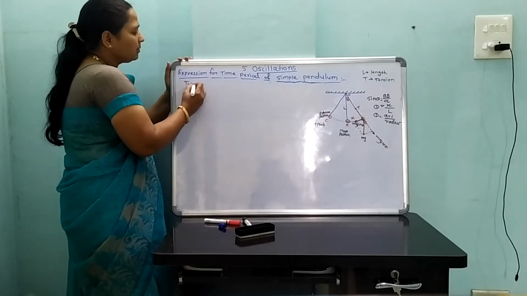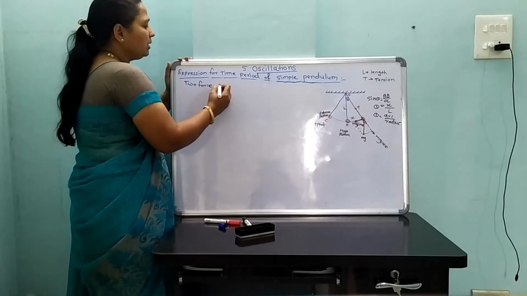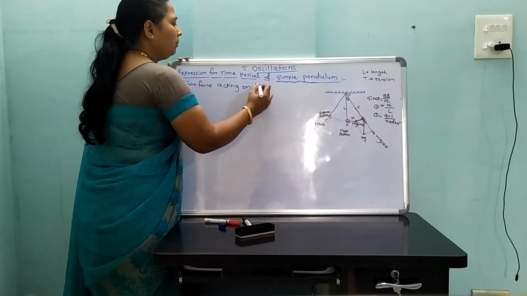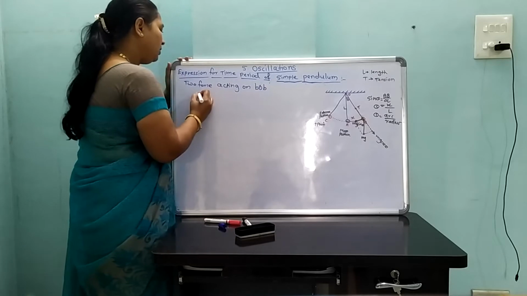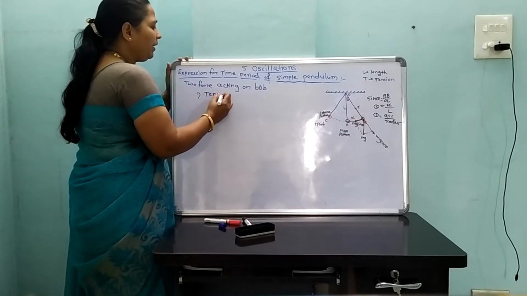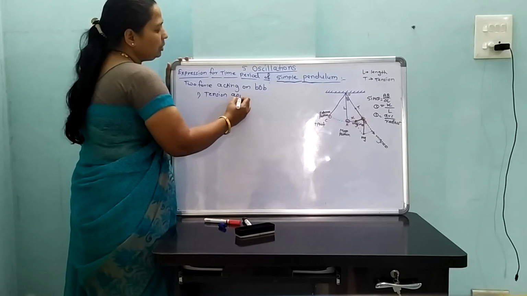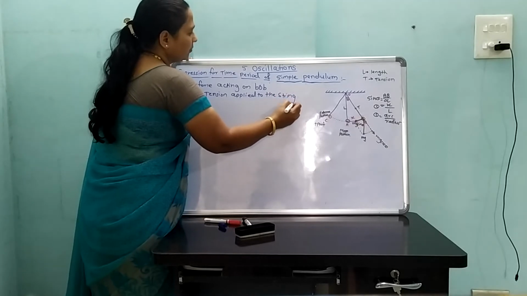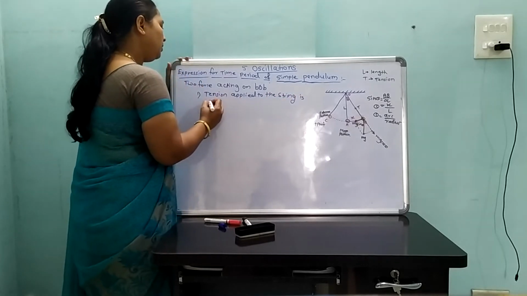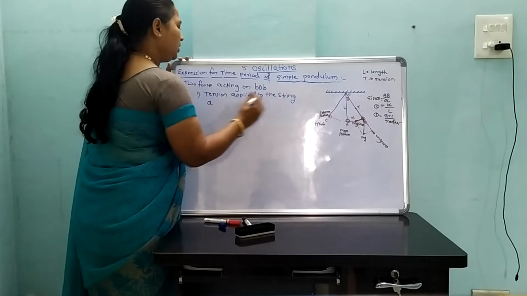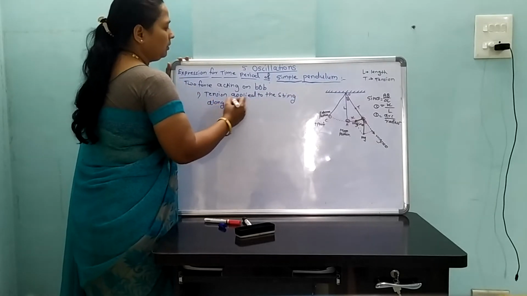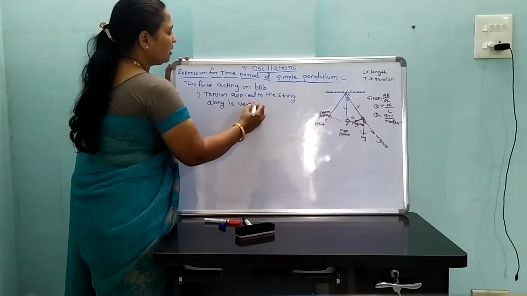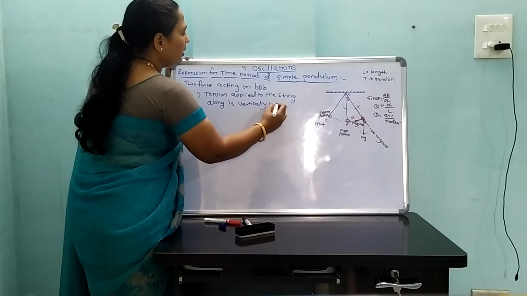Two forces act on the bob. First is the tension applied to the string, which is along the string and its direction is vertically upward.